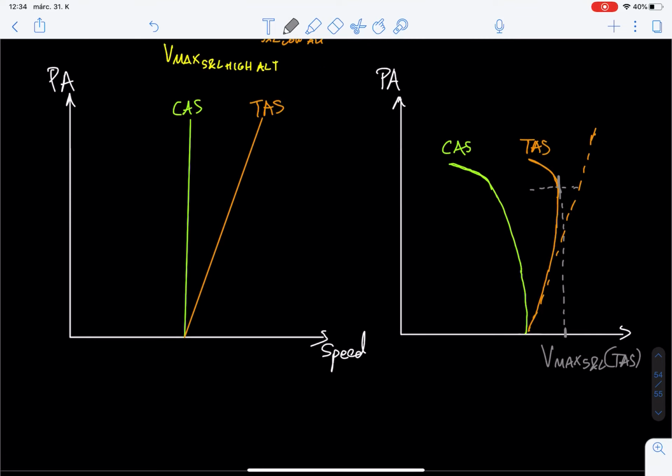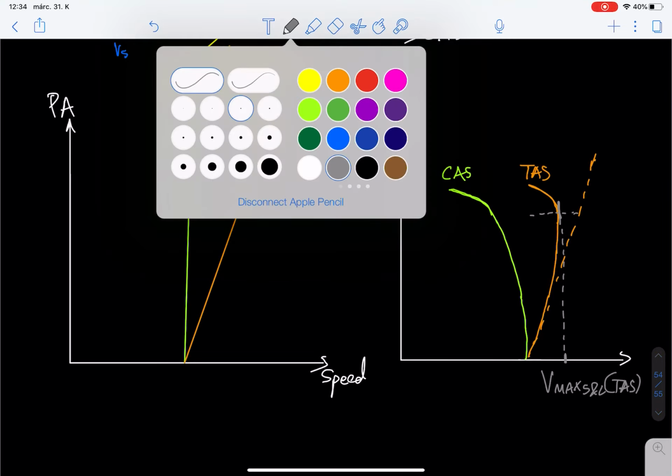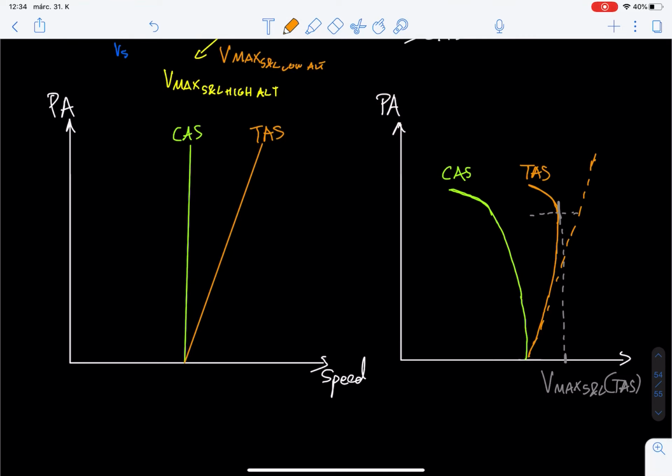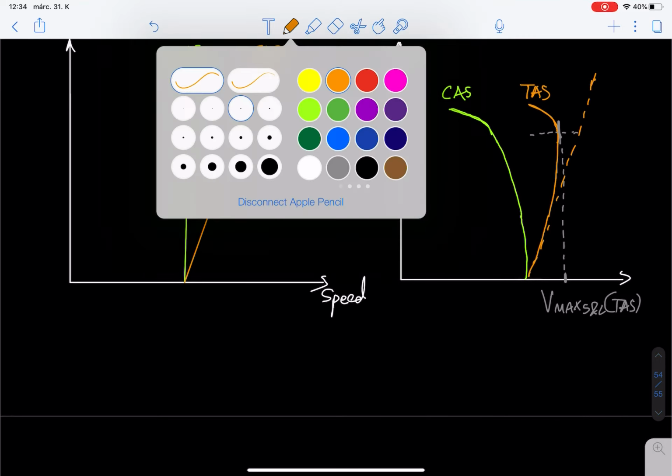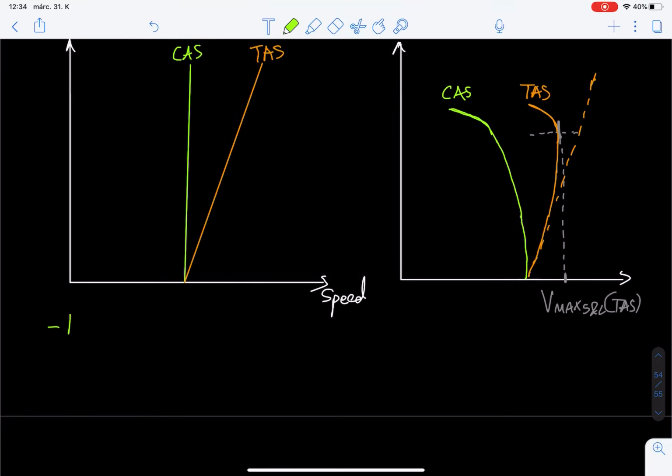And interestingly, for both the jet and the propeller-driven aircraft, it's visible from these drawings that the maximum straight and level speed in calibrated airspeed is going to occur at sea level, right?